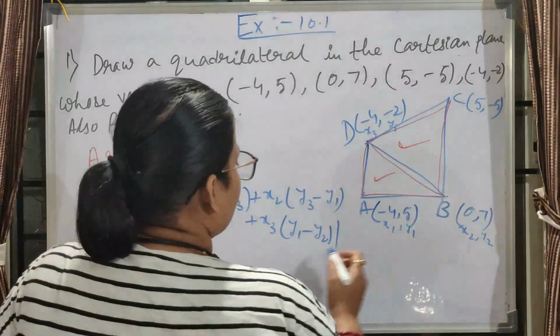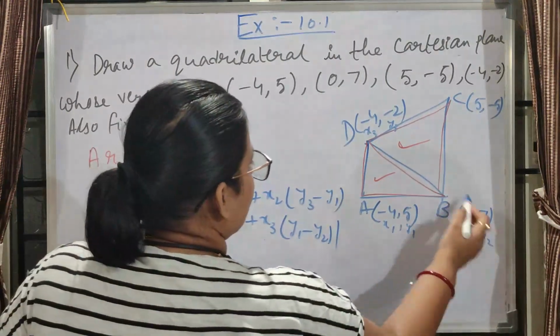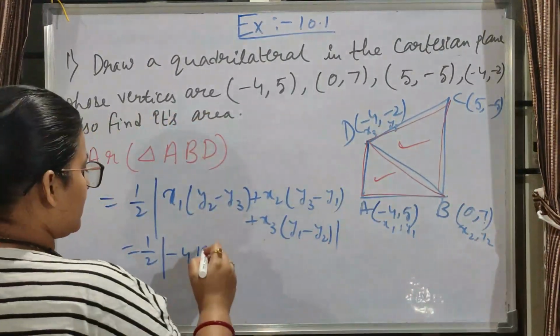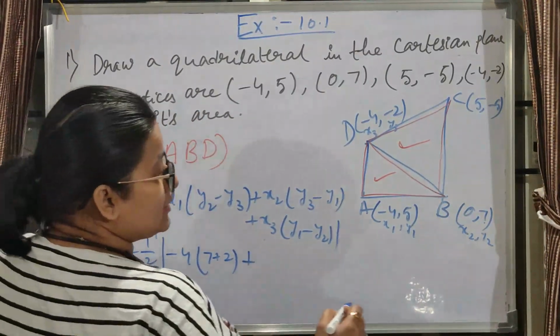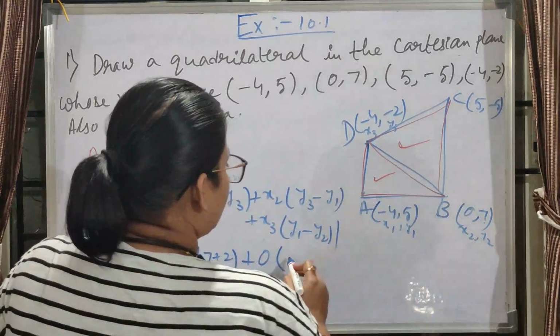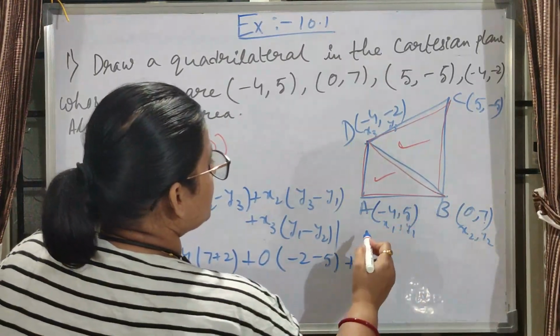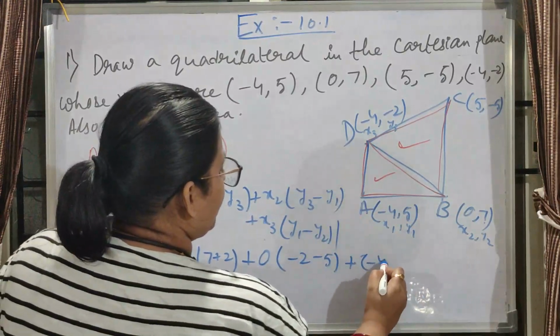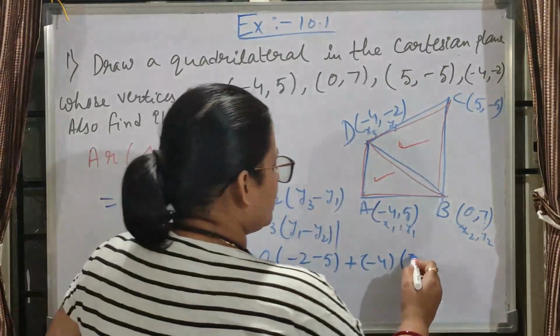So x1 will be -4, y2 minus y3, I am writing directly, 7 minus of minus 2, that means 7 plus 2. Next is x2, that is 0 into (y3 minus y1), that is -2 minus 5, plus x3, x3 is -4, and y1 minus y2, 5 minus 7.